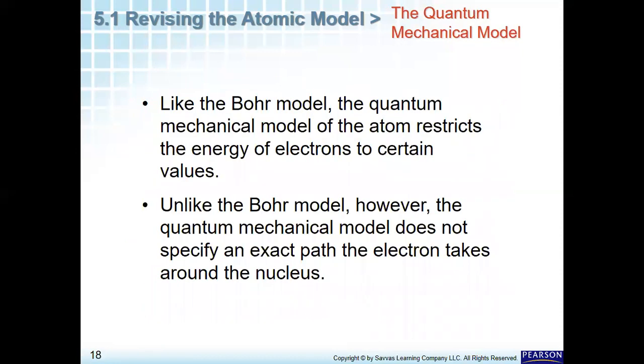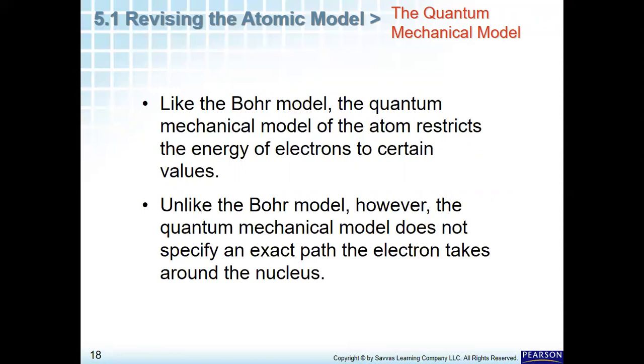Like Bohr's model, the quantum mechanical model of the atom restricts the energy of electrons to certain values. So the energy must be restricted. And unlike Bohr's model, however, the quantum mechanical model does not specify an exact path the electron takes around the nucleus.